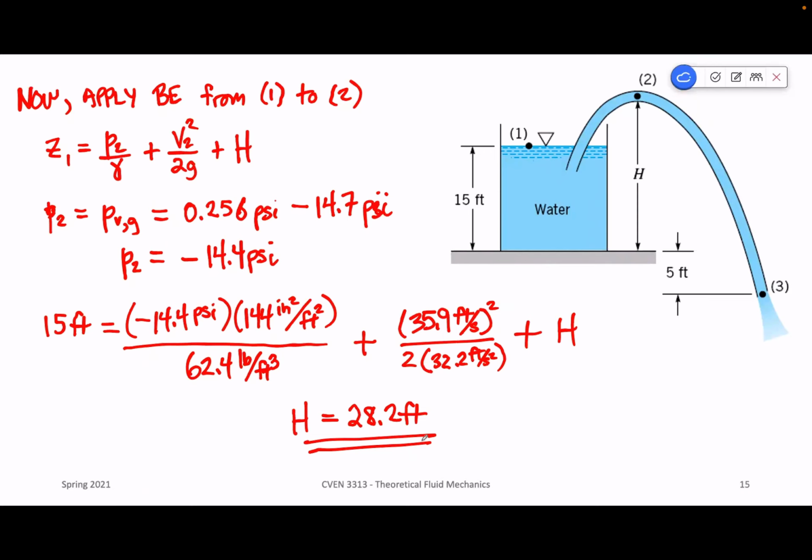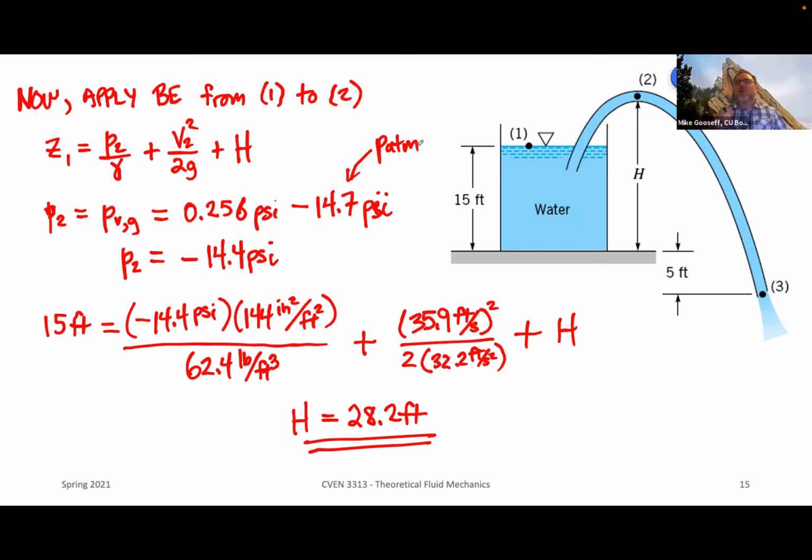Professor? Question? Yes. When you're calculating P2 and you used 14.7 psi, was that atmospheric pressure? Yeah. So that's the pressure at point 1, right? Yes. I thought that for the 15 equal to that equation to be true, that had to be 0.